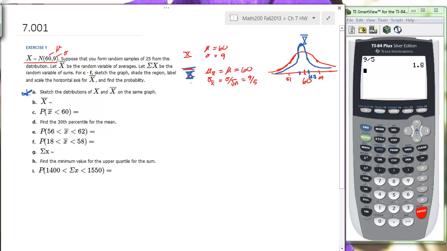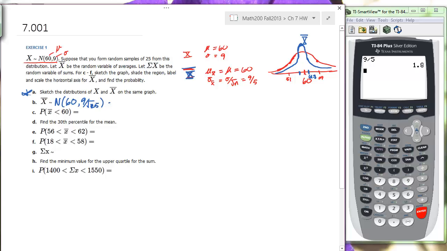Part B, it's taking a look at the x bar random variable and describing its distribution. So it's still going to be based on a normal distribution. Your mean is still going to be the same as the original mean, and your standard deviation is the standard deviation divided by the square root of n, the square root of 25.